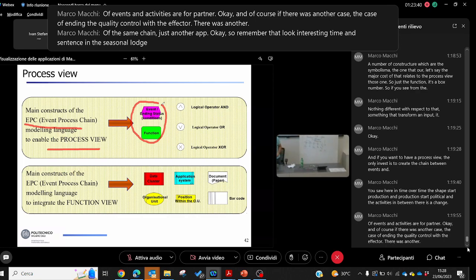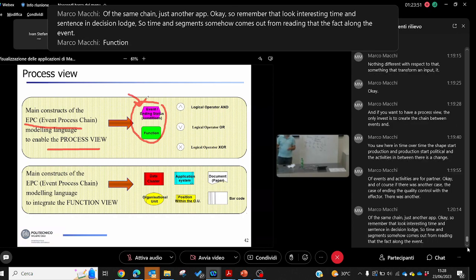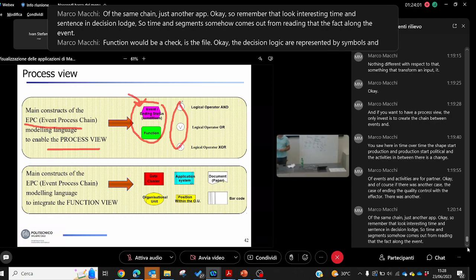Time and sequence come out from reading the path along the events, the functions put in a chain. This is the path. The decision logic is represented by symbols, AND, OR and so on.